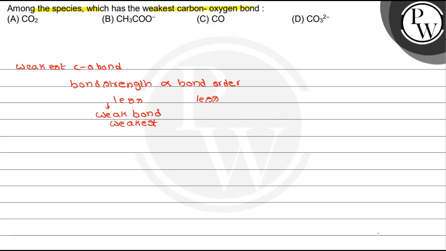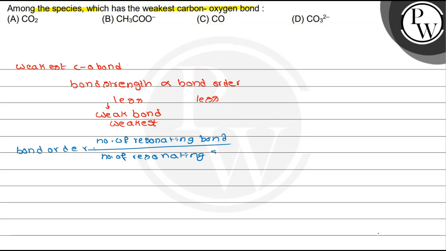The bond order is given by the formula: bond order is equal to the number of resonating bonds divided by the number of resonating structures. By using this formula, we can determine the bond order.